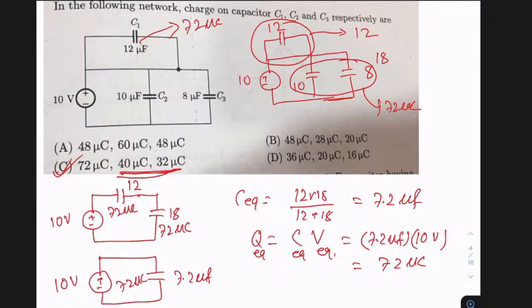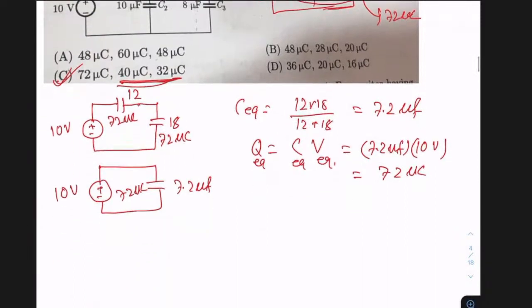So how do you get their individual charges? The wise thing is, you first get the voltage. If you have two capacitors in series like 12 and 18, and I ask you what is the voltage across this 18, how do you get it? You'll write the voltage division rule. So the voltage across the 18 microfarad capacitor is 12 divided by 12 plus 18, into 10.